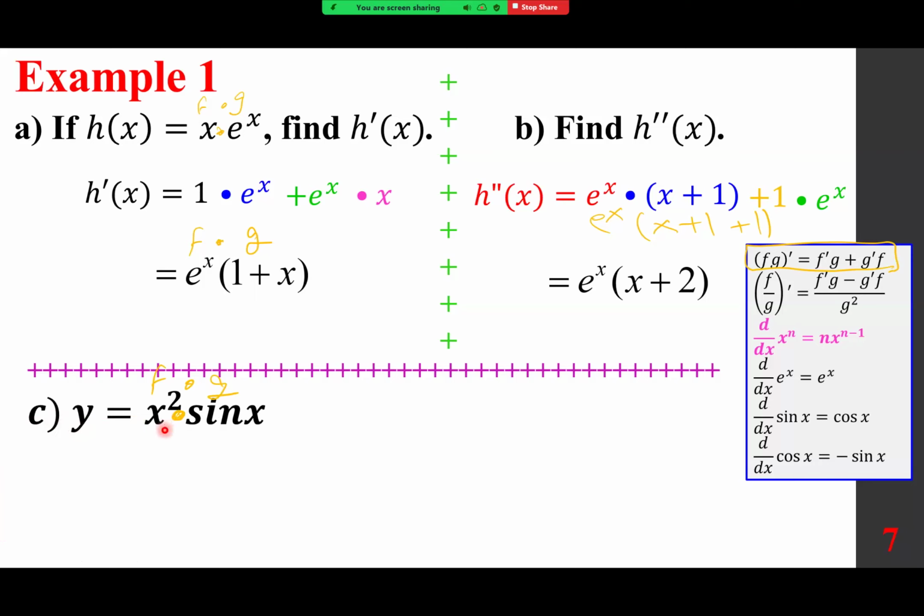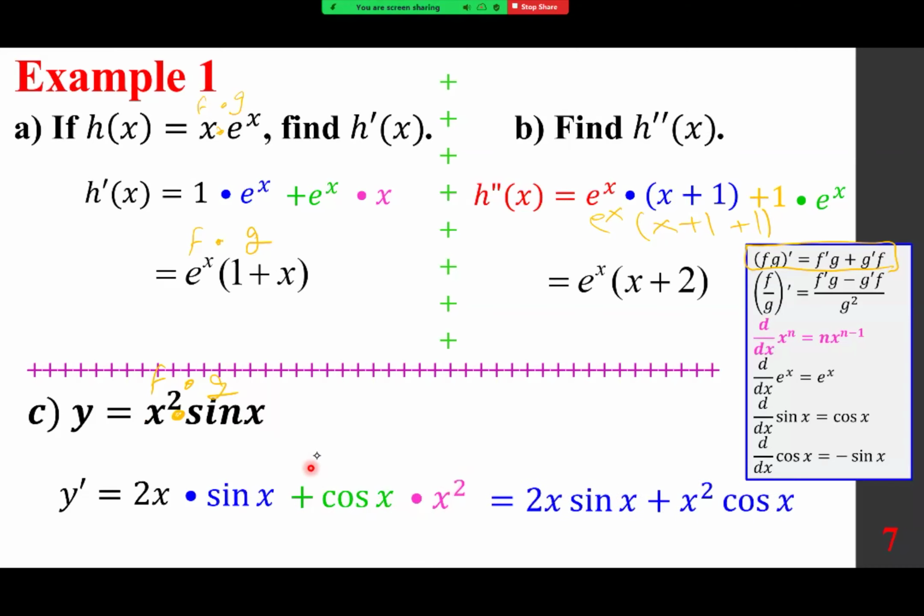F prime gives me 2x times g, sine x, plus g prime, sine gives me cosine, times f, x squared. It is extremely important to put the x squared in front because one may be under the assumption this is x cubed, which is awkward. So you put the x squared in front. If you factor out the x, it's fine, but it doesn't make any difference.